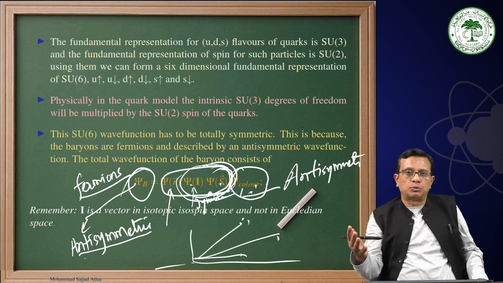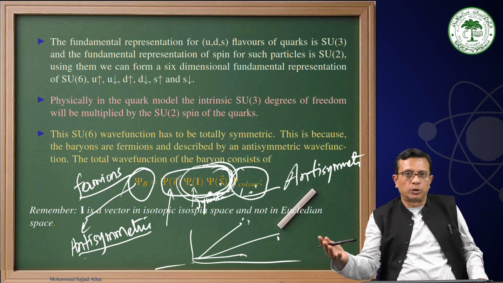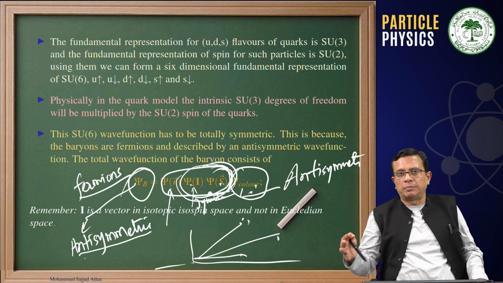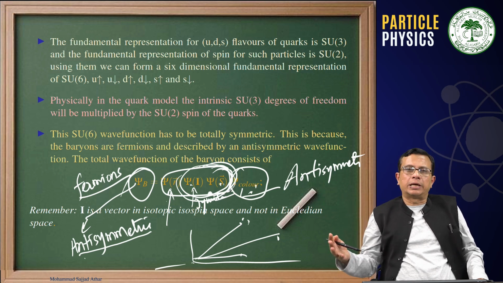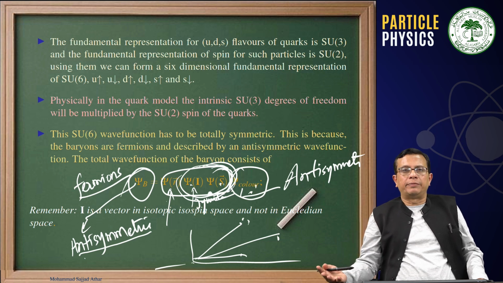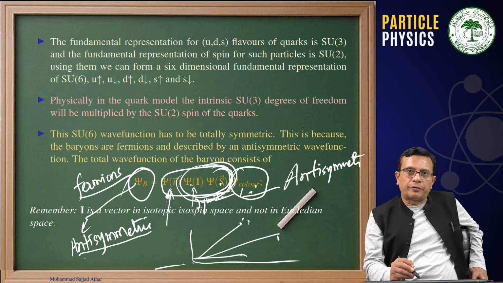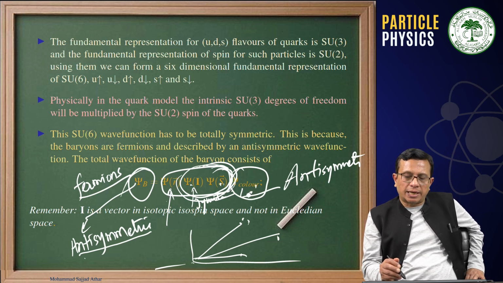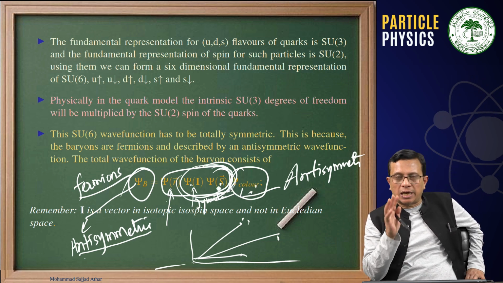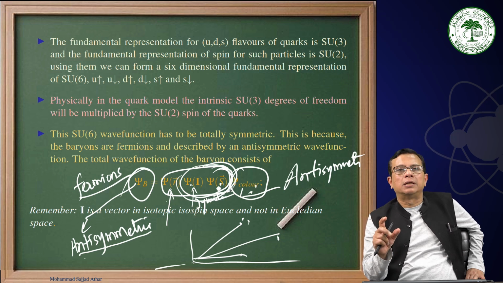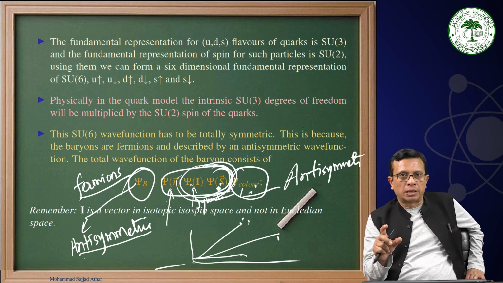That means minus 2 times minus 2 is 4, and 2 times 2 is also 4. Therefore, symmetric times symmetric will give you symmetric, and antisymmetric times antisymmetric will also give you symmetric. So psi r is symmetric, psi color is antisymmetric, and therefore psi I times psi s has to be symmetric.